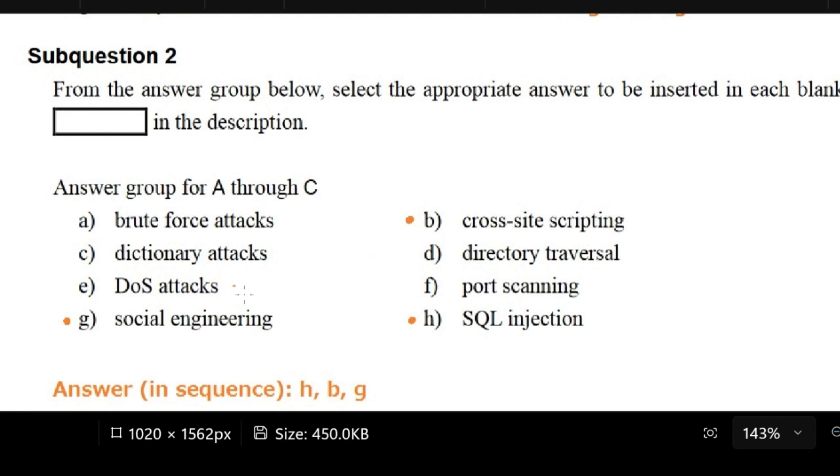Dictionary attack is kind of like a brute force attack, but in this case it uses words from the dictionary. So if you're using any of the passwords that would come out in the dictionary because you're using actual words, then it's easier for the attacker to find out what your password is.